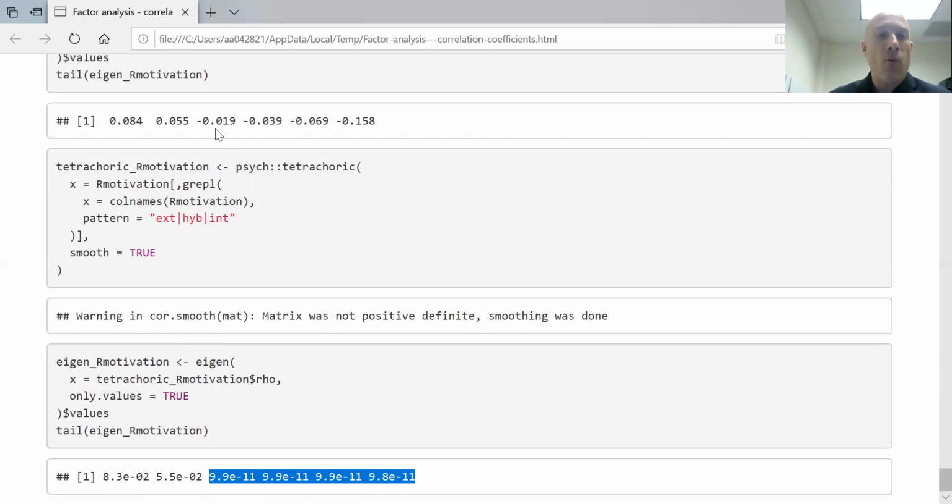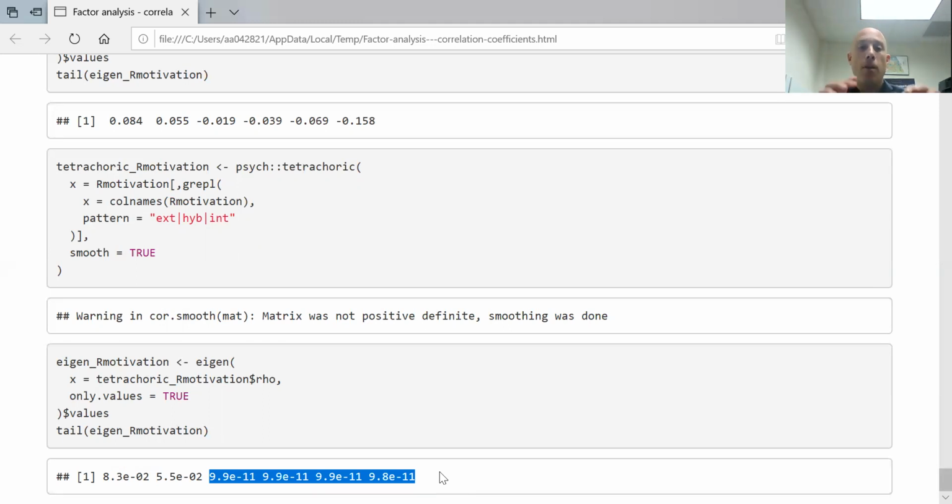All right, so these 4 values, when we did the smoothing, got converted over to 0. Now, I have to ask myself, is 0 good enough? Up to rounding, the machine is saying it's not exactly 0, but looking at that, for all practical purposes, that's 0. All right, so I do not have a positive definite matrix. I have a positive semi-definite matrix. And theoretically, I would like a positive definite, but I would go ahead and proceed with this as is.